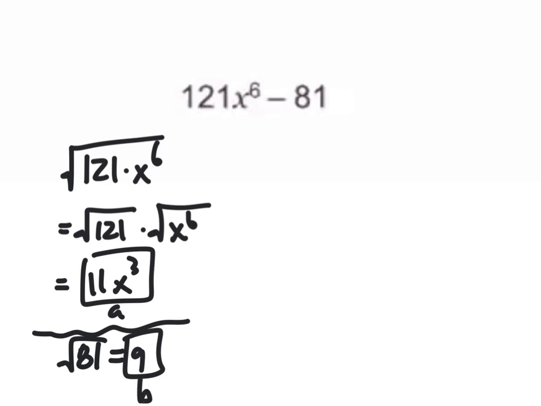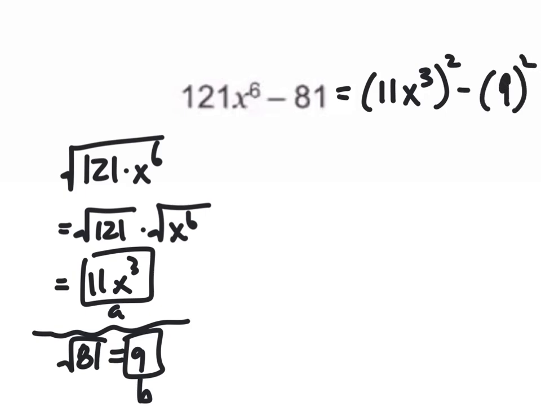So I can rewrite this as the quantity 11x cubed, quantity squared, minus the quantity 9 squared. Because I have both of those quantities squared and I have the difference of them, I can factor them using the difference of squares.